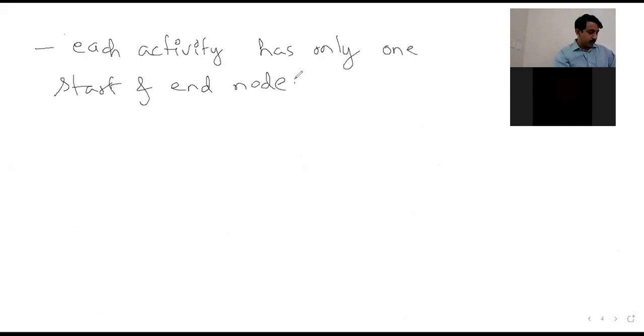So it is not that an activity has two different starting nodes. The starting point of the activity should be only one, and similar is the ending node. The ending point should be single. It should not be two different.